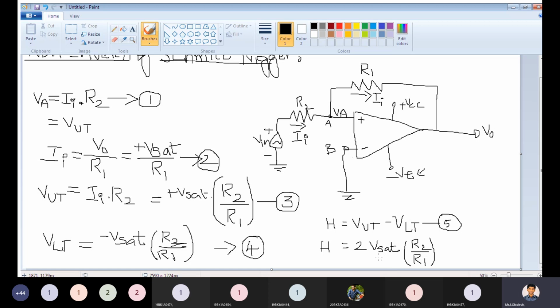Hysteresis H is equal to 2 V saturation into R2 by R1.